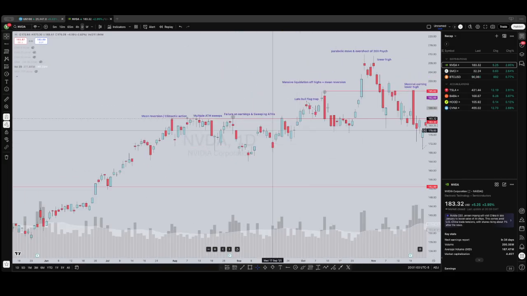But yeah, so another clean example of NVIDIA. So that is what to look out for when volume comes in at the highs. When volume is low at the highs, I would be a bit cautious of shorting and or longing.